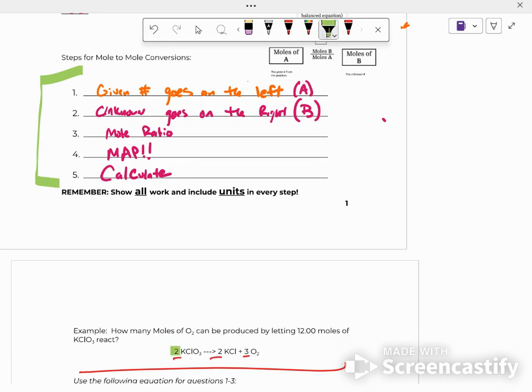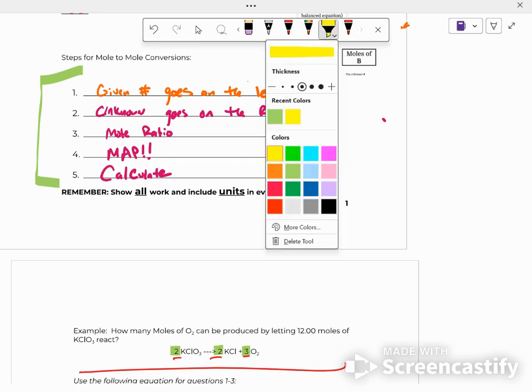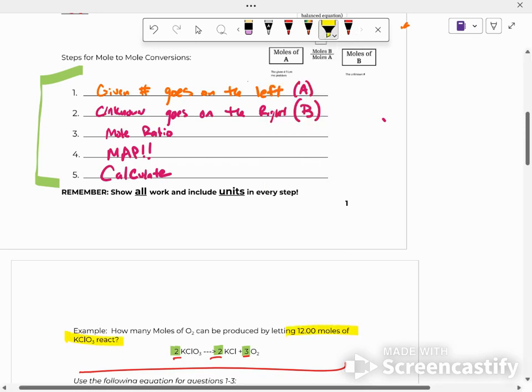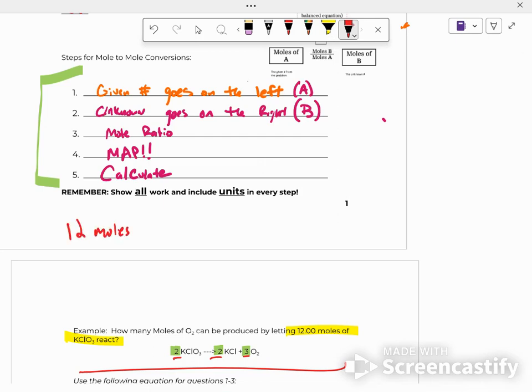The given number in the problem is 12 moles of KClO3, so you write 12 moles KClO3. Step 2: the unknown goes on the right, so we write moles of O2.